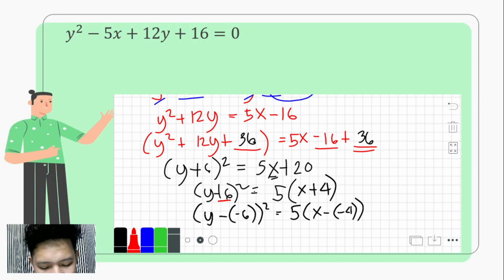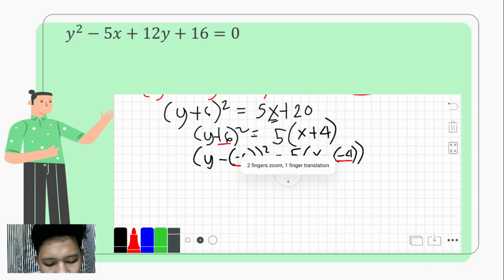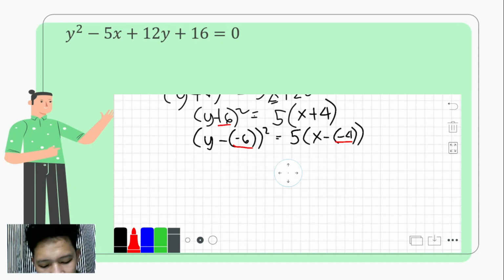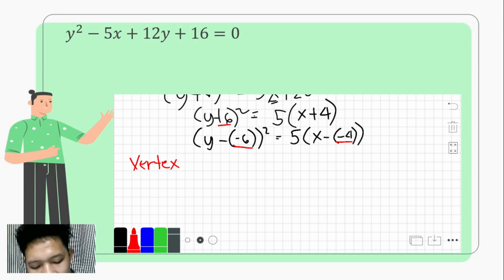Now, we are now given the value of k and the value of h. Hence, we can now simply determine the vertex of the parabola. Alright, so the vertex of the parabola would be at hk, and that is negative 4, comma, negative 6.